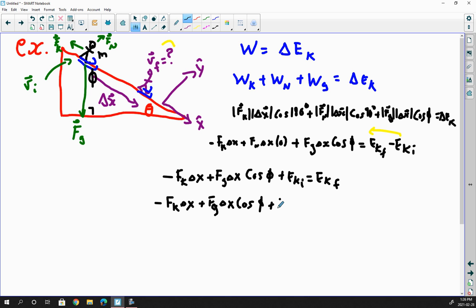And then plus half mass initial speed squared is equal to half mass final speed squared. So we're going to do a little bit of final rearranging here.